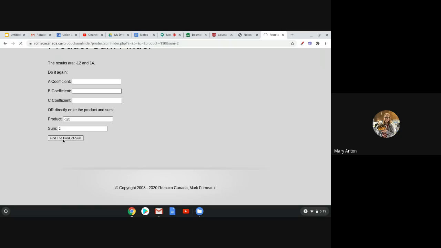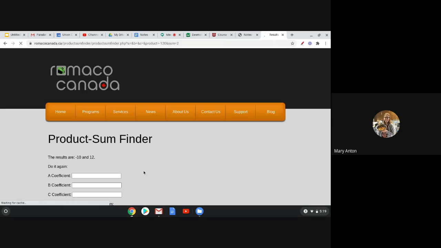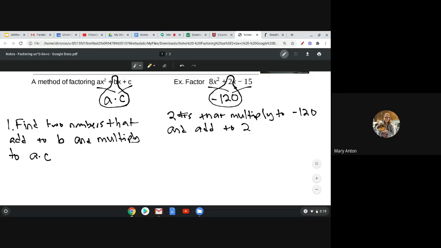We click find the product sum. This will give us two numbers that multiply to negative 120 and add to 2. So our numbers are negative 10 and 12.